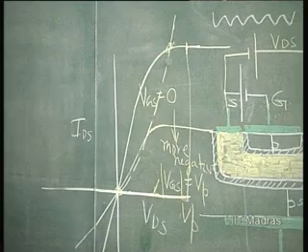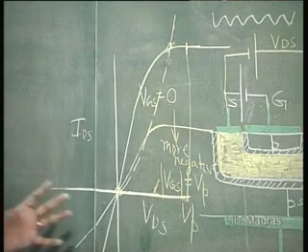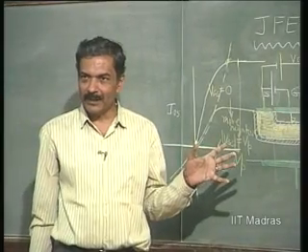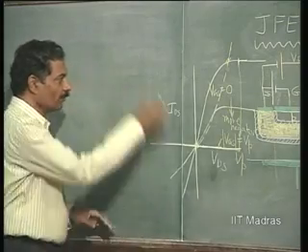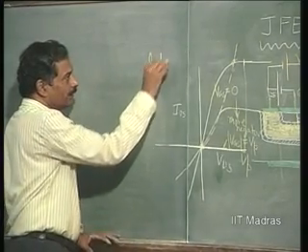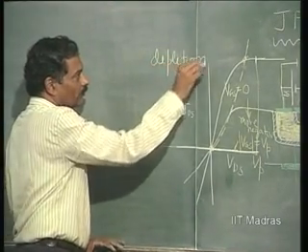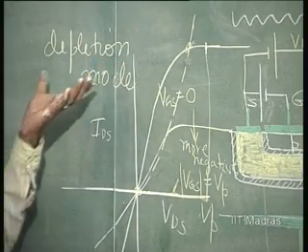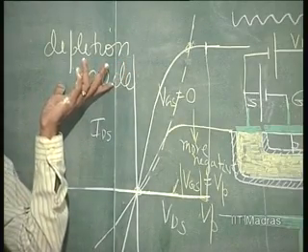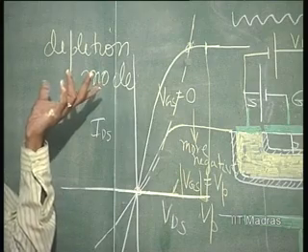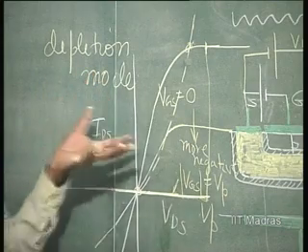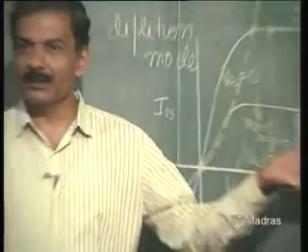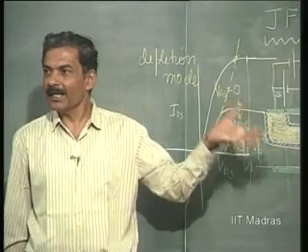So, the characteristic is exactly similar to that of MOSFET characteristic, but this mode of operation is called depletion mode. You can actually build a MOSFET also equivalent to this by having a channel.